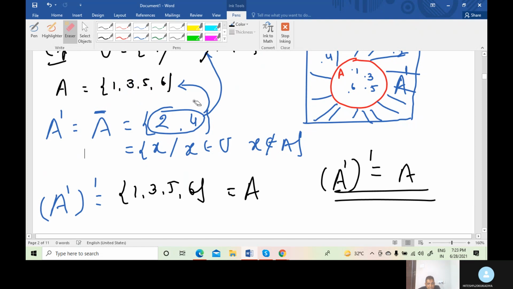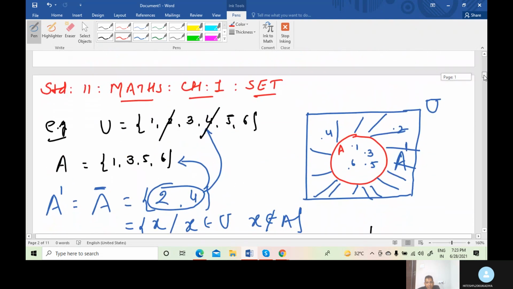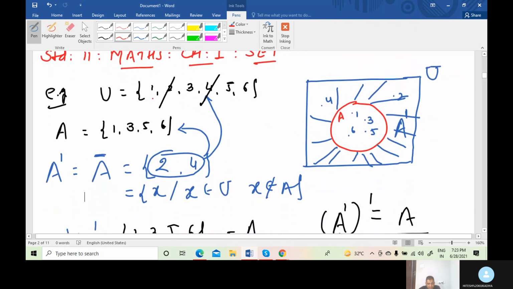Now we discuss another property. Look here. Now take the intersection of these two sets, A and A dash.